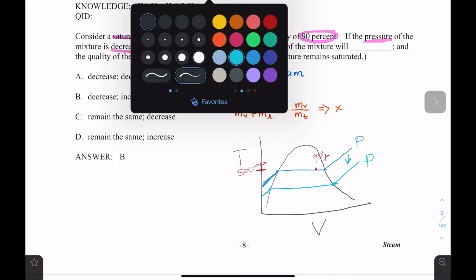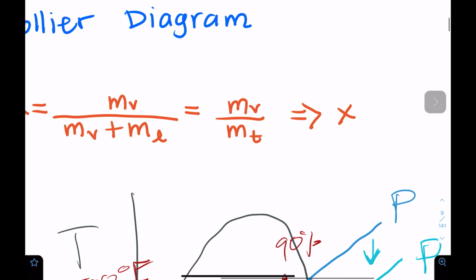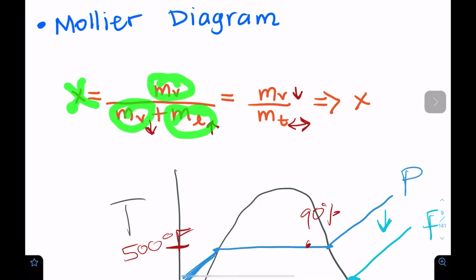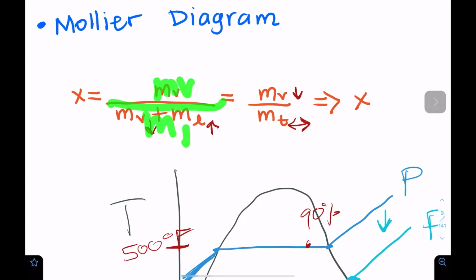Since we are turning some of the vapor into liquid, we are decreasing the vapor part. But this is like a balance. We decrease the vapor, but we increase the liquid, so the total mass stays the same. This is only to consider the amount of mass of vapor and liquid. And this is the formula: quality equals the mass of the vapor over the total mass.